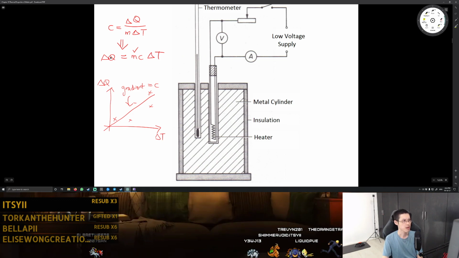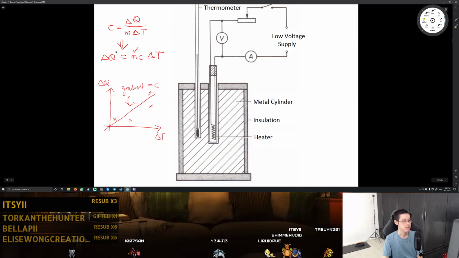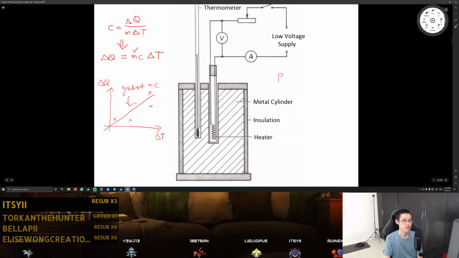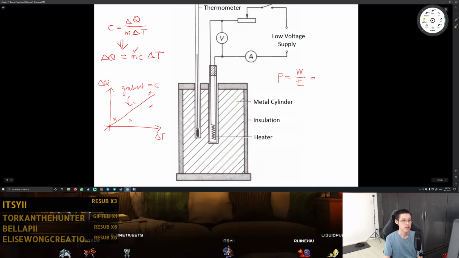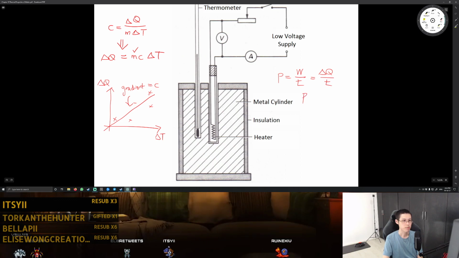But how do I find the energy supplied to the metal cylinder? Well, we have some voltage, we have the ammeter here, and you know that the power is actually equal to work done per unit time. So work done is actually equivalent to the energy, okay? So P times T is equal to delta Q. And you know from AS that power is equal to IV.